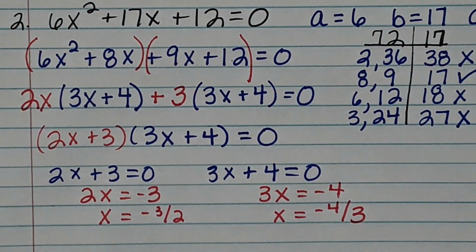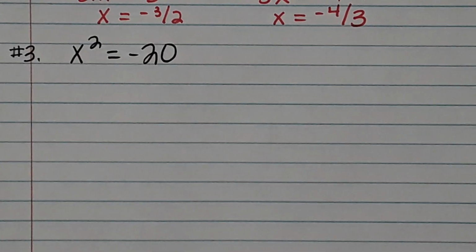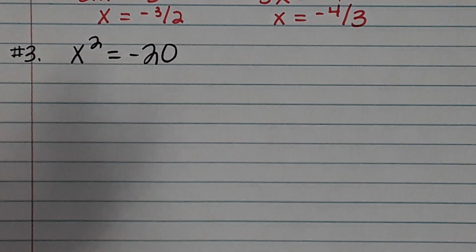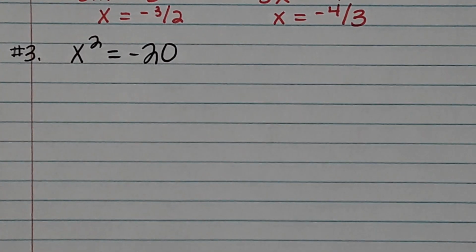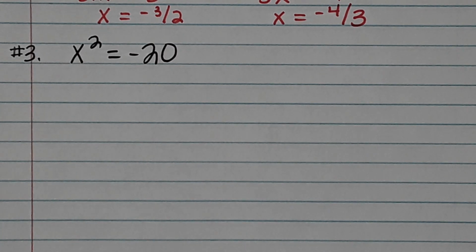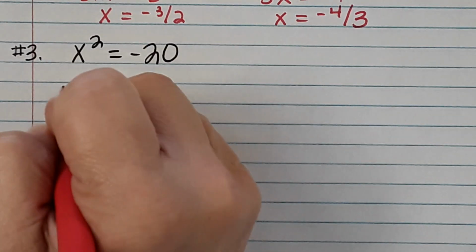What questions do you have? The way it's set up, it said solve in the problem, you don't have to do anything except take the square root of both sides.